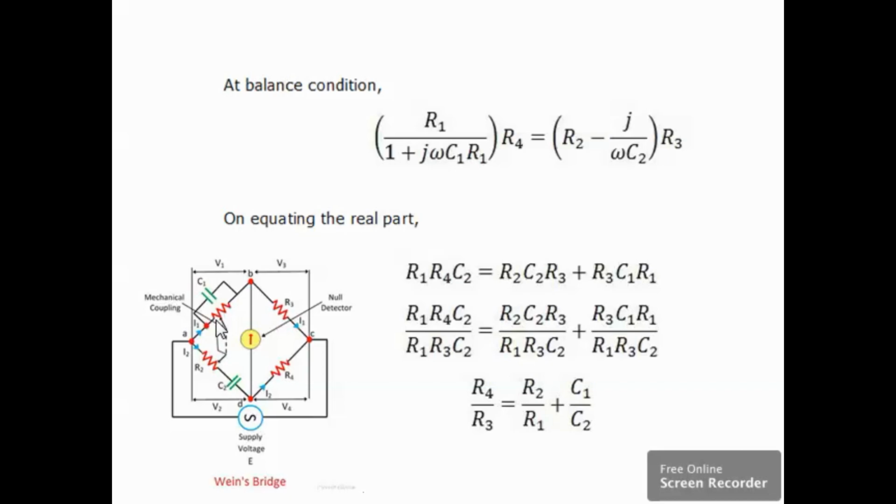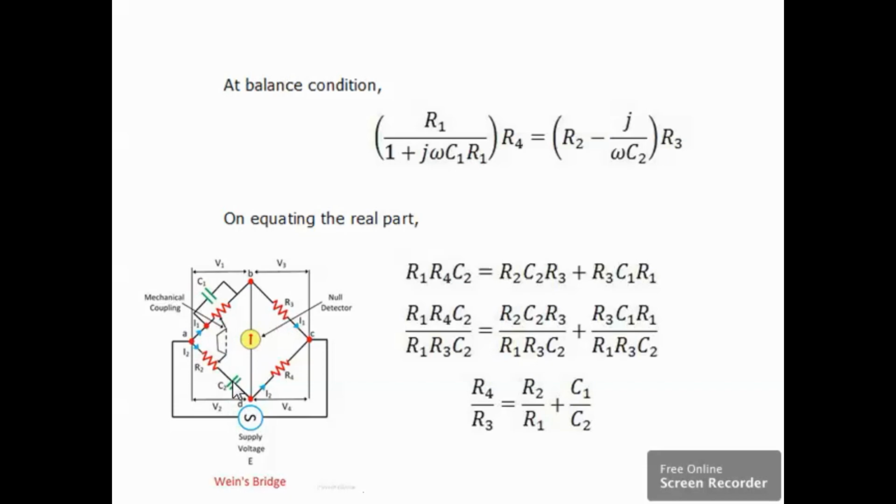Here, in the first arm we have R1 and C1. Thus the expression becomes R1 divided by 1 plus j omega C1 R1, multiplied by Z4. Z4 means the impedance of the fourth arm. It consists of only a single resistance R4. This is equal to Z2, the impedance of the second arm.